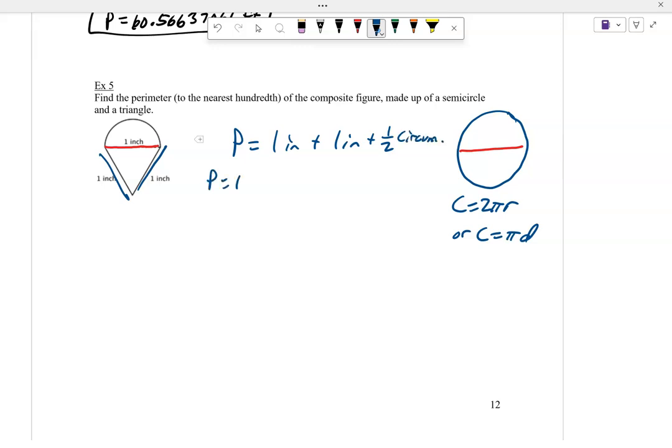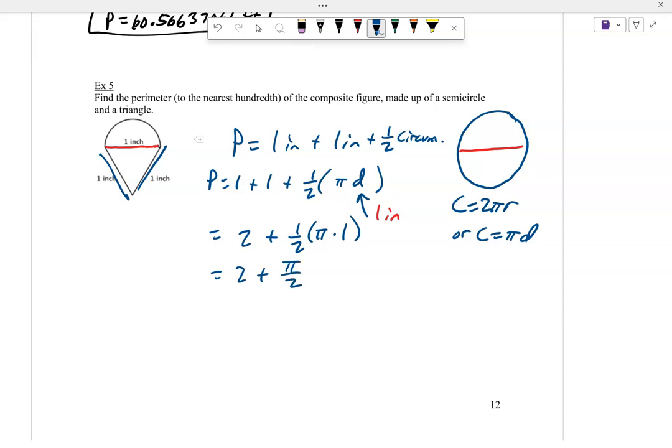So we got 1 plus 1 plus a half my circumference. My circumference is pi times the diameter, right? My diameter here is in red 1 inch. So it looks like I got 1 plus 1, I got 2 plus 1/2 times pi times 1. So we got 2 plus pi times 1 is pi. Half of pi is pi over 2.